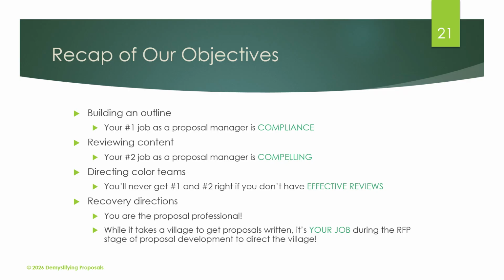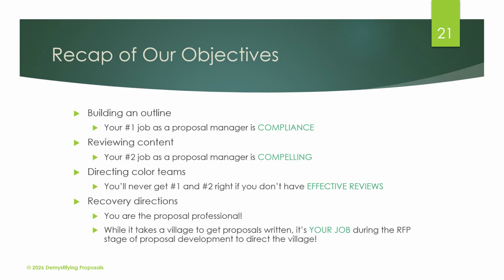So as a recap of the objectives of Proposal Management 201, you want to build an outline. Job number one as a proposal manager is compliance. You want to review the content. Job number two as a proposal manager is making sure your proposal is compelling.